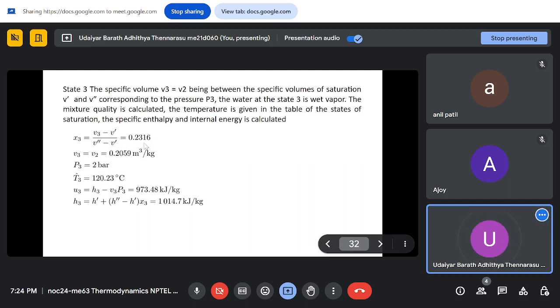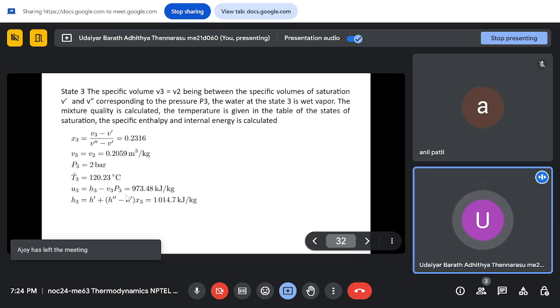Using this and the saturated liquid and saturated vapor enthalpies, we can find the enthalpy H3. And with the specific volume which we have calculated, we can calculate the internal energy at state 3, which is H3 minus V3 P3. So we can find all the state values.